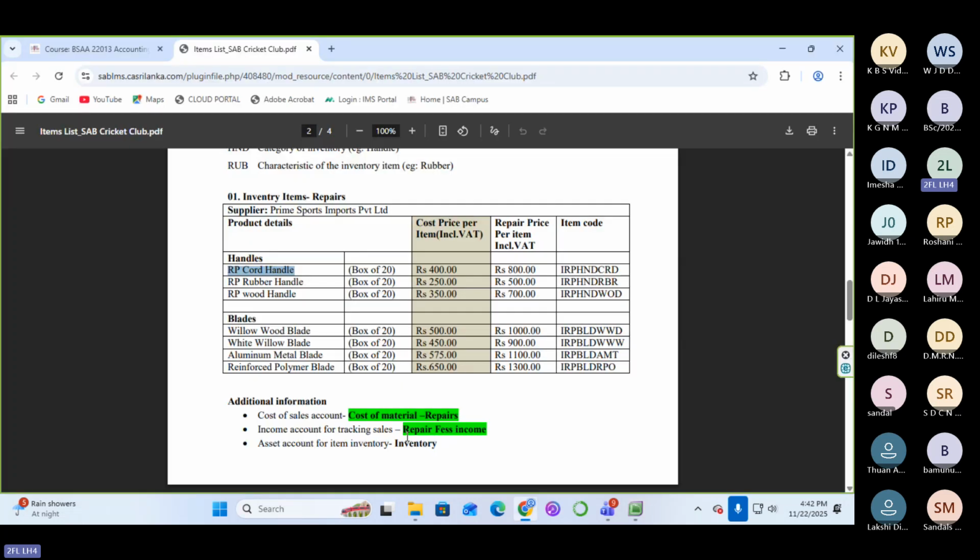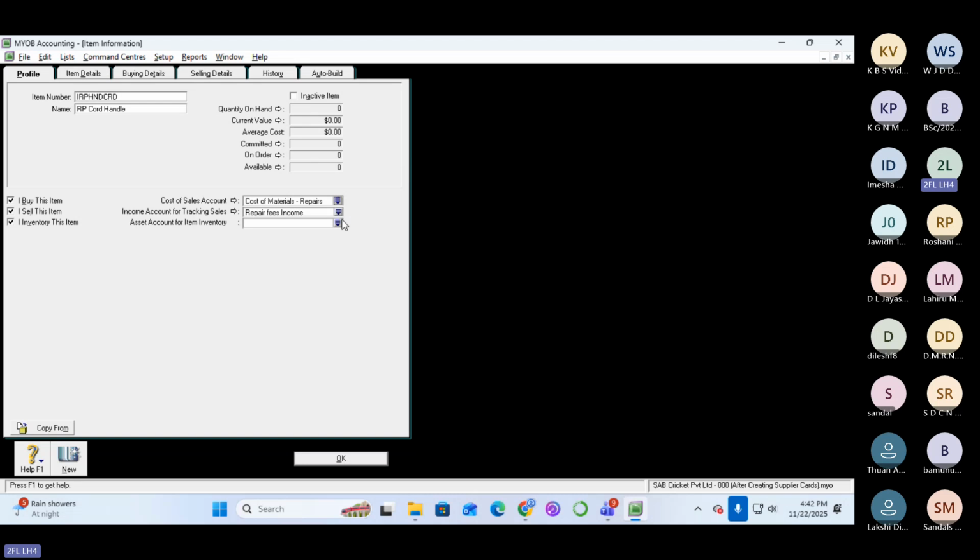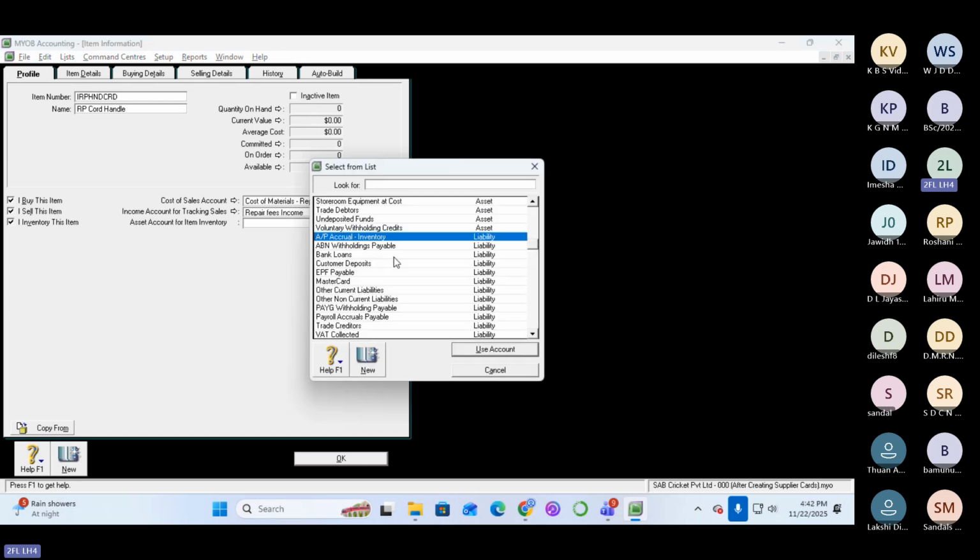And then inventory account, that is the general inventory account. Let me see whether there is an inventory account under assets. General inventory here, right? There is no specific name for the inventory account, therefore we can use the general inventory account.